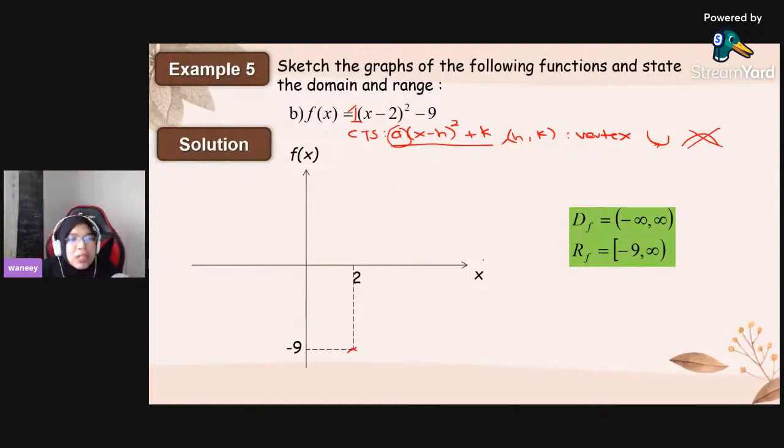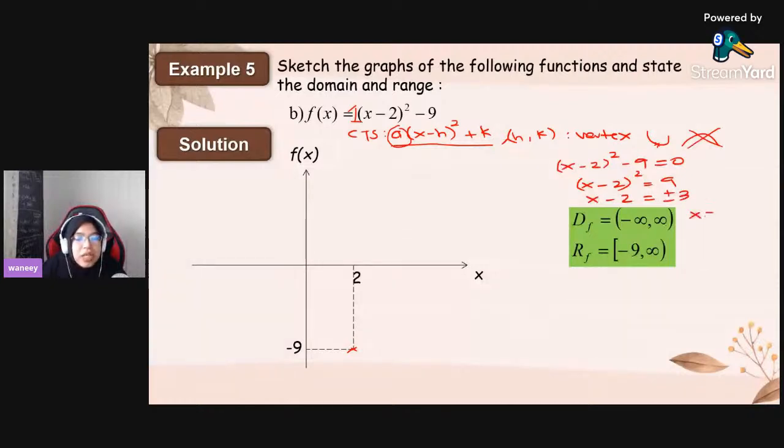And then of course, you can let them equal to 0 and then find out what the x-intercept is. So we want to know where it crosses the x-axis, what the values are, so we're going to let it be equal to 0. So (x minus 2) squared minus 9 equals 0. So (x minus 2) squared is equal to 9. So x minus 2 is plus or minus the square root of 9, which is 3.